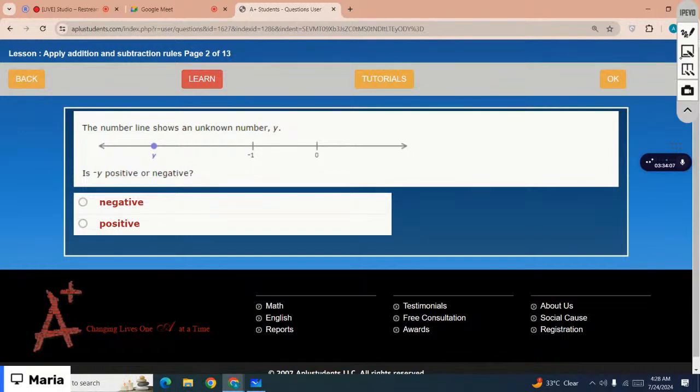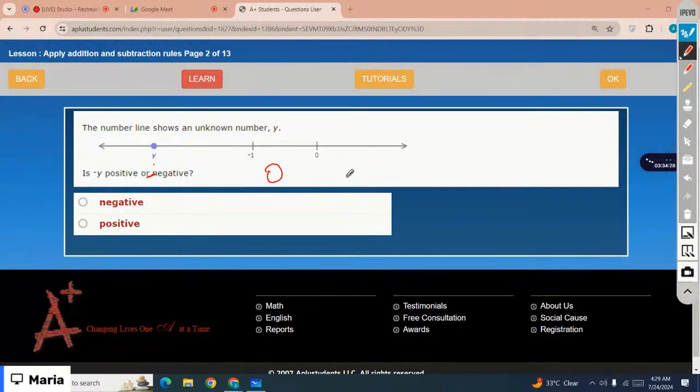The number line shows an unknown number y. Is negative y positive or negative? So negative y, you have to see, right? So y is already on the negative side. When you have negative and also negative on the negative side, that makes it positive.